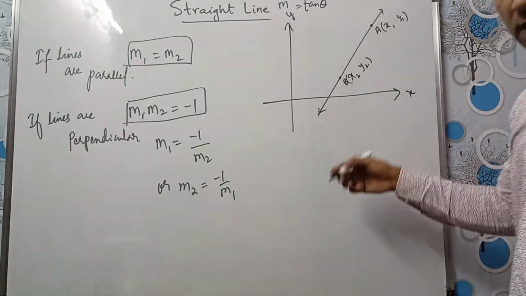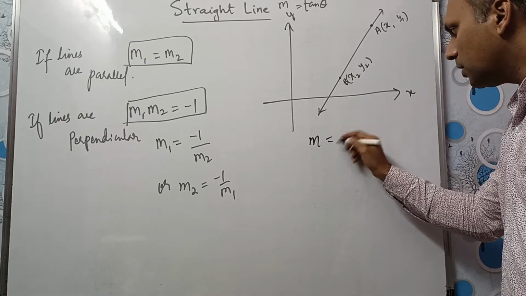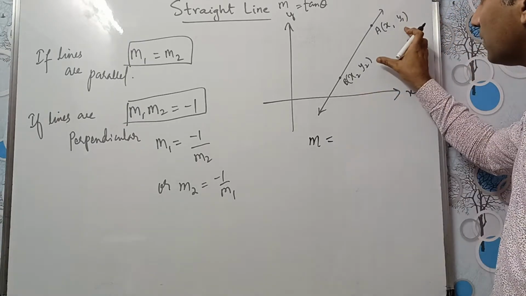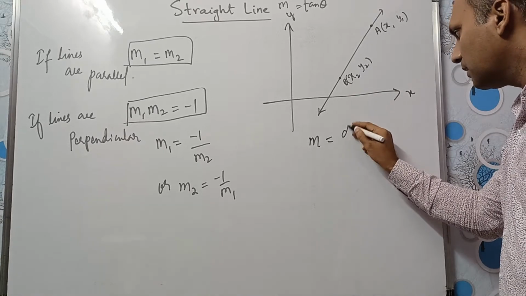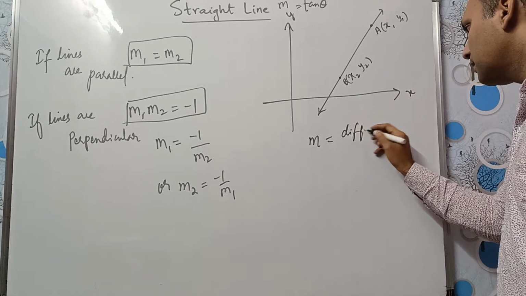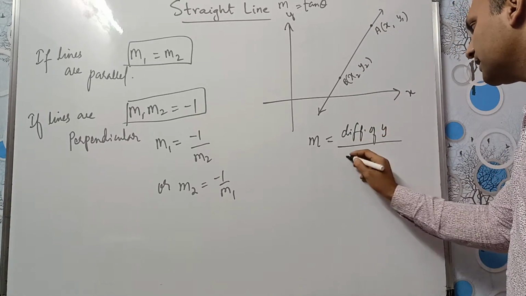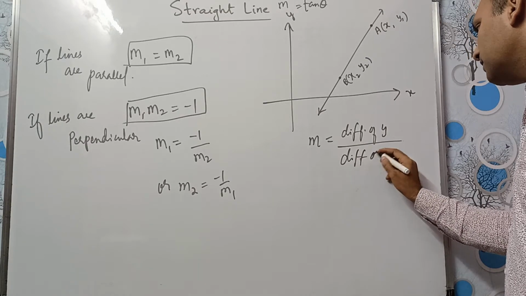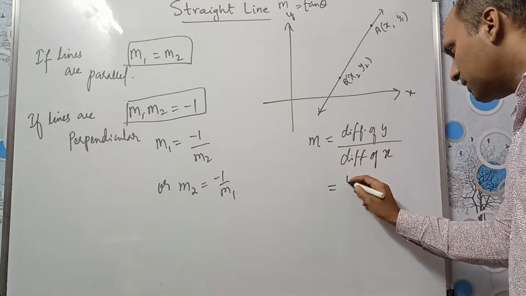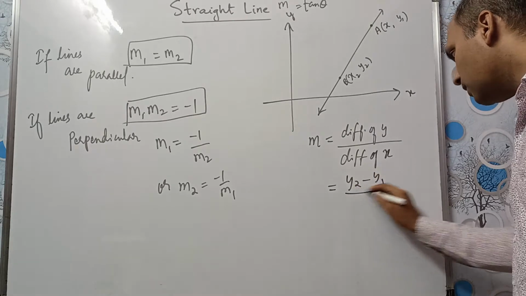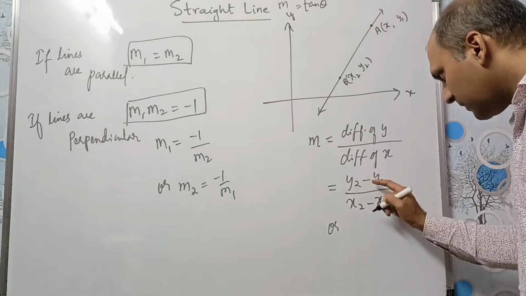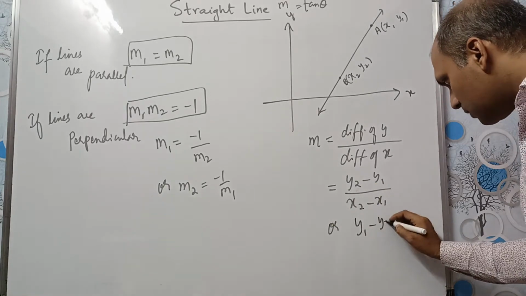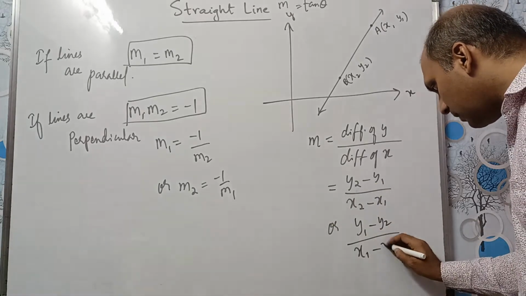In 10th standard we have studied this, right? Slope m will be equal to difference of y divided by difference of x, which means you can write (y2 minus y1) by (x2 minus x1), or (y1 minus y2) by (x1 minus x2).